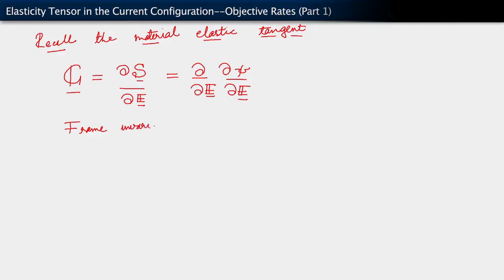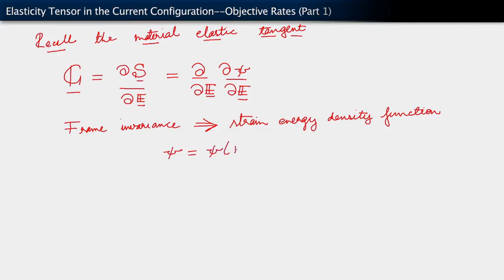frame invariance, as I like to call it, implies that the strain energy density function psi, which can be written as psi function of F in general from this notion of hyperelasticity.